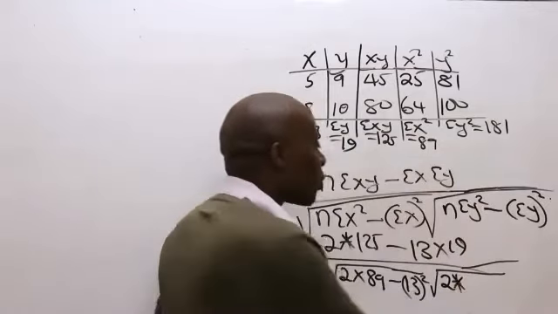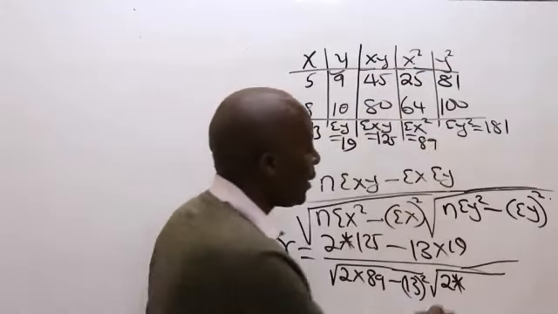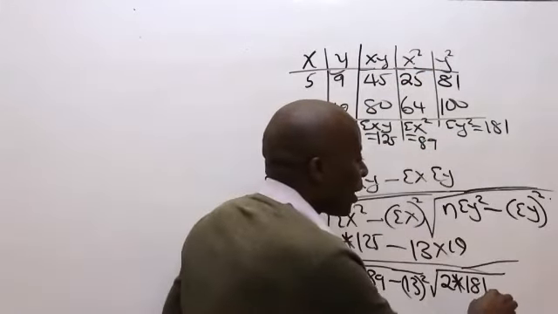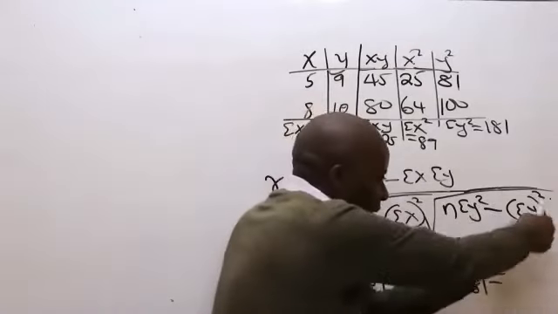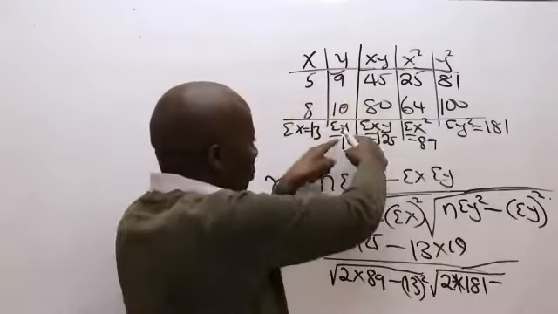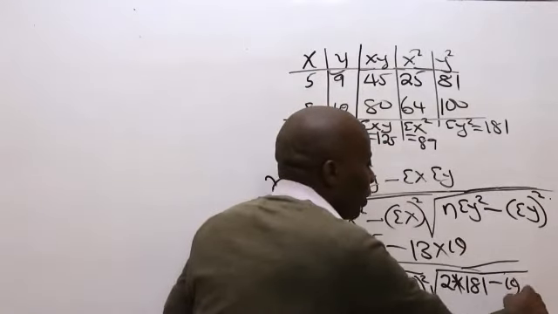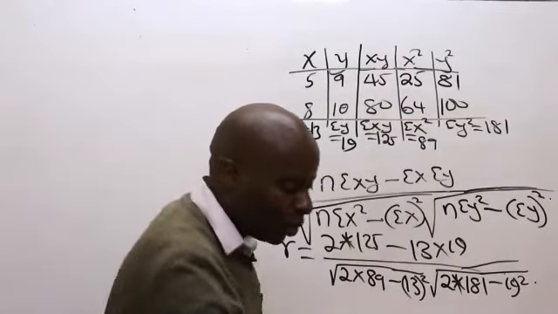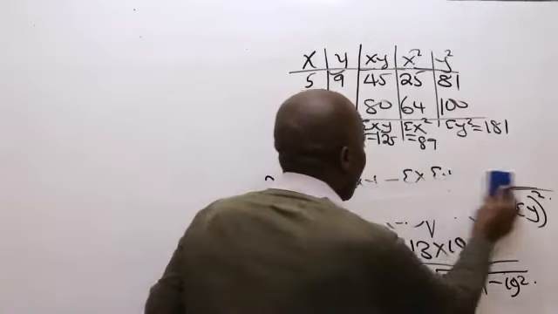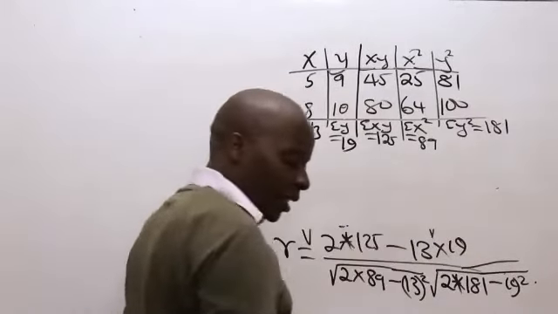Summation of y squared is 181, minus summation of y, which happens to be 19 squared. So I would want to see whether there is anybody who will be able to move slowly to give us the numerator.